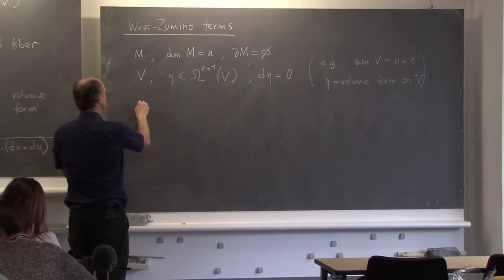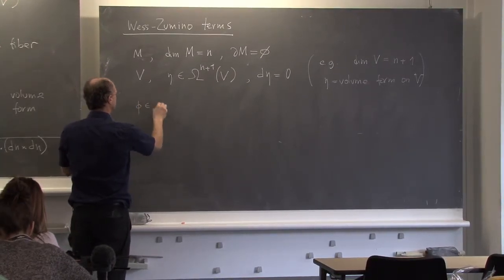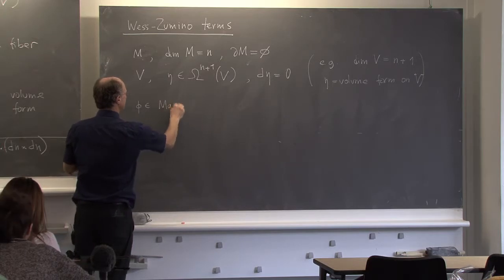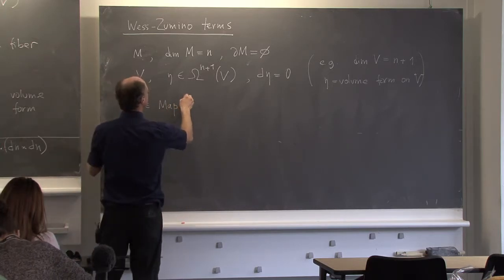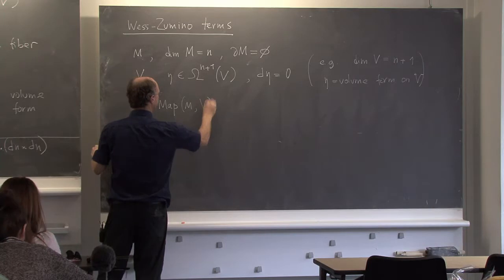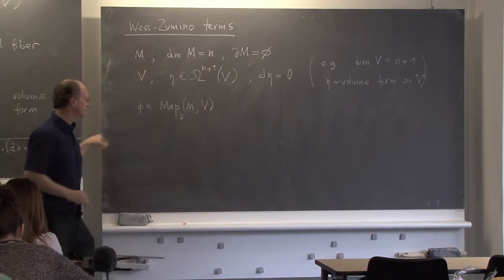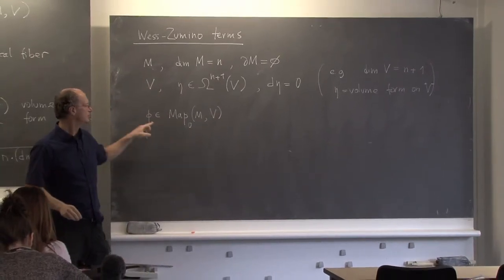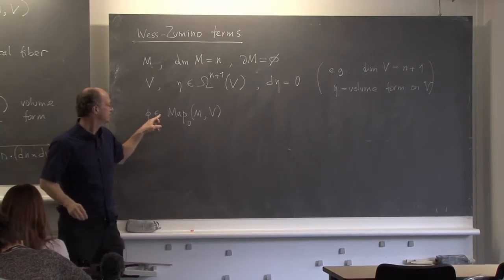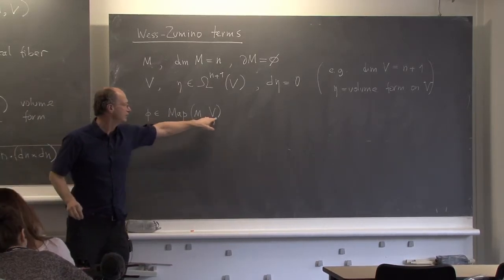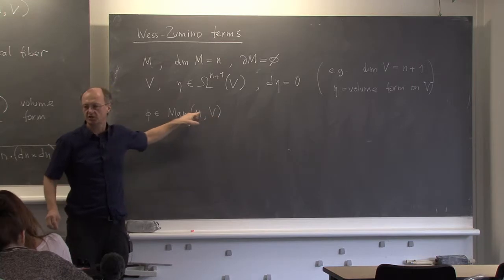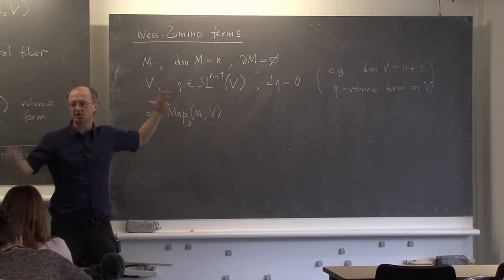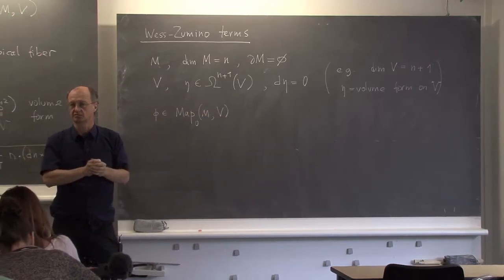Now let's assume that phi is a field. And let's assume that the image of M is homotopically trivial inside V, so it can be contracted to a point.